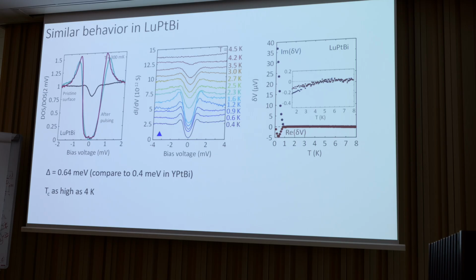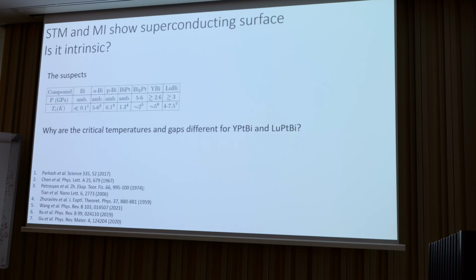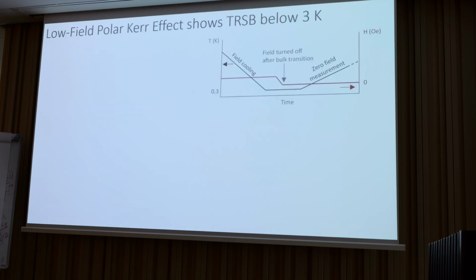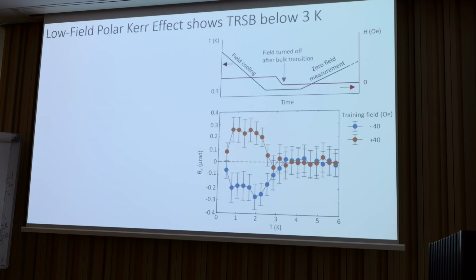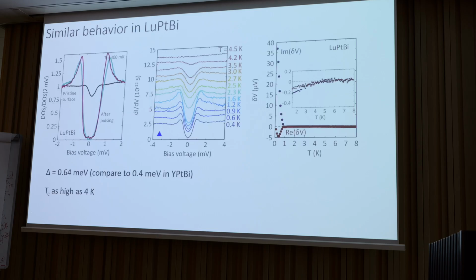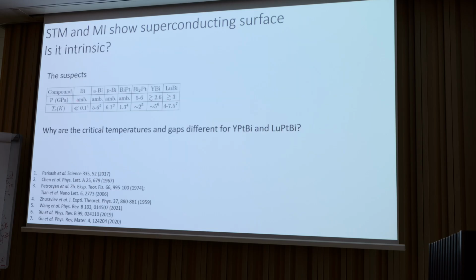Okay. Now you might not be convinced and wonder whether there is something else on those surfaces that can lead to superconductivity. So we have collected this list of compounds that might be formed out of combinations of yttrium and lutetium and platinum and bismuth.